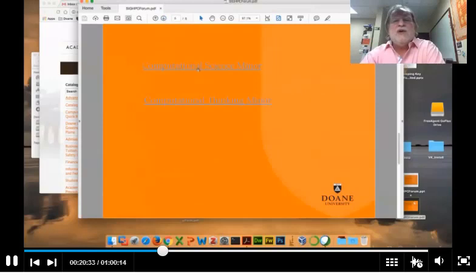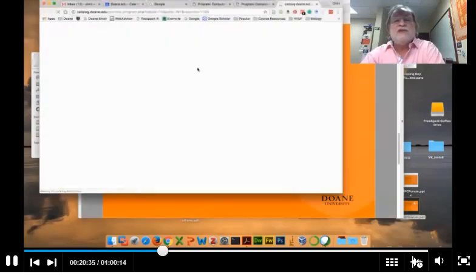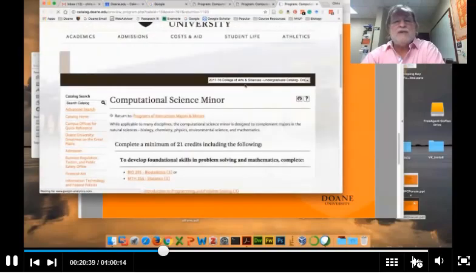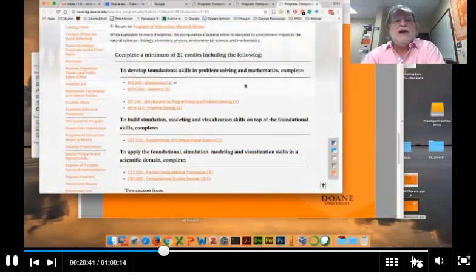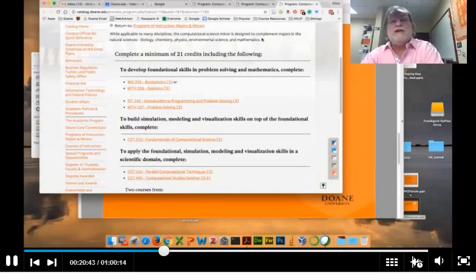Okay, so what do these minors look like? Let me see if I can pull up the actual requirements. Okay, so the computational science minor, again, that's meant to complement the science majors primarily, and so it's at 21 credits.